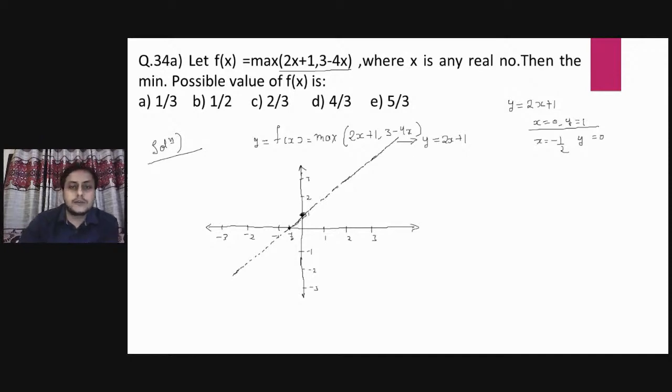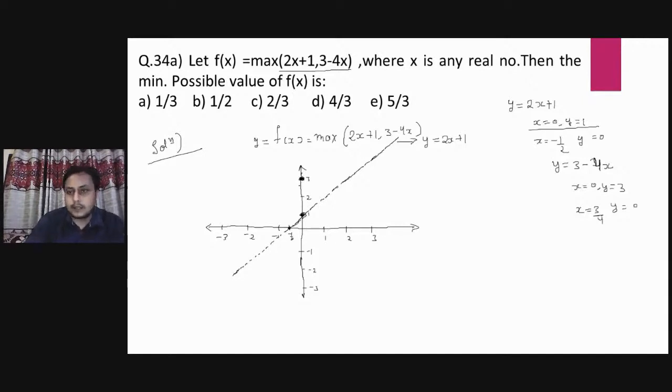So draw the graph of the second equation, that is y equals to 3 minus 4x. Simply put x equals to 0, you will get y as 3. Put y equals to 0, what will you get? You will get x as 3 by 4. So basically the first is (0, 3): x is 0, y is 3, means this point.